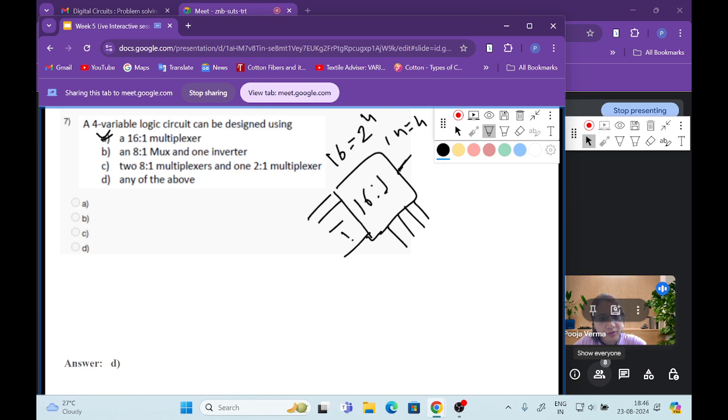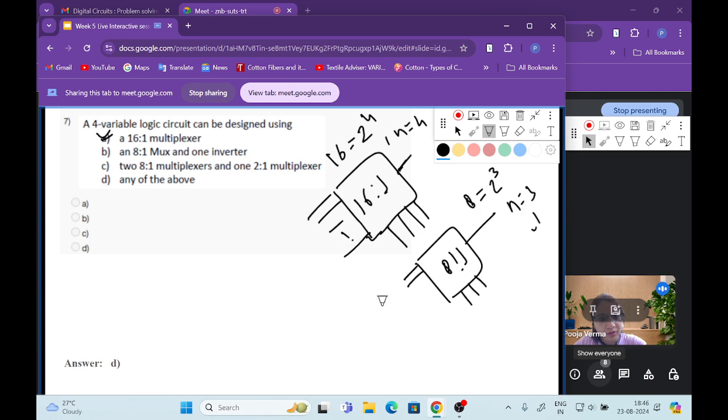Now the next one is an 8 into 1 multiplexer and 1 inverter, right? For an 8 into 1 multiplexer, there are 8 input lines and 3 selection lines, because 8 is 2 to the power 3, which means n is equal to 3, meaning 3 variables.